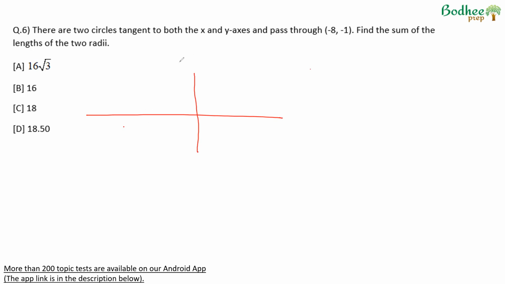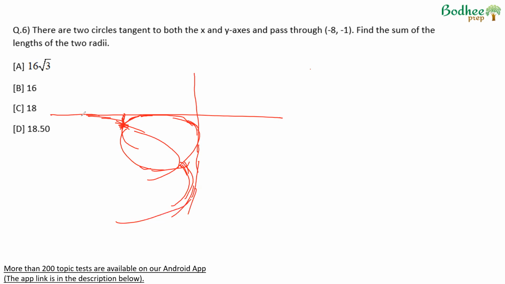So we could have a smaller circle here passing through (minus 8, minus 1), and a larger circle which is tangent at this point and eventually somewhere tangent here as well. And it also passes through (minus 8, minus 1). Very roughly speaking, this is the kind of figure that we're looking at.